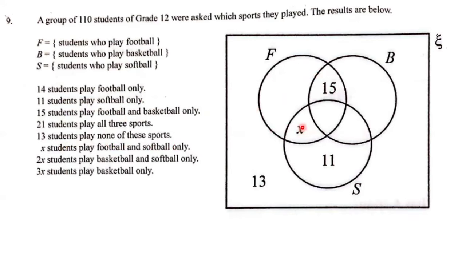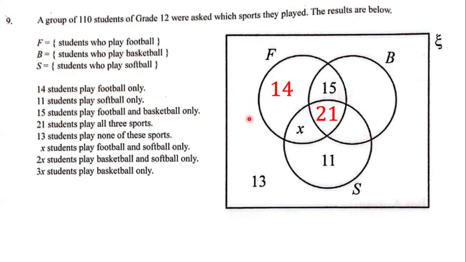We have to figure out the rest. 21 students play all three sports, so we put 21 in the middle. Then 14 students play football only, so we put 14 right there.